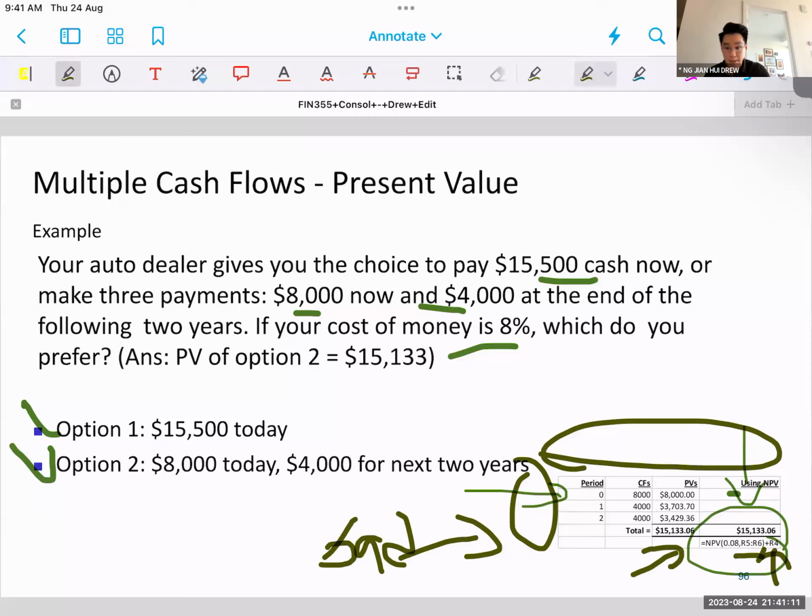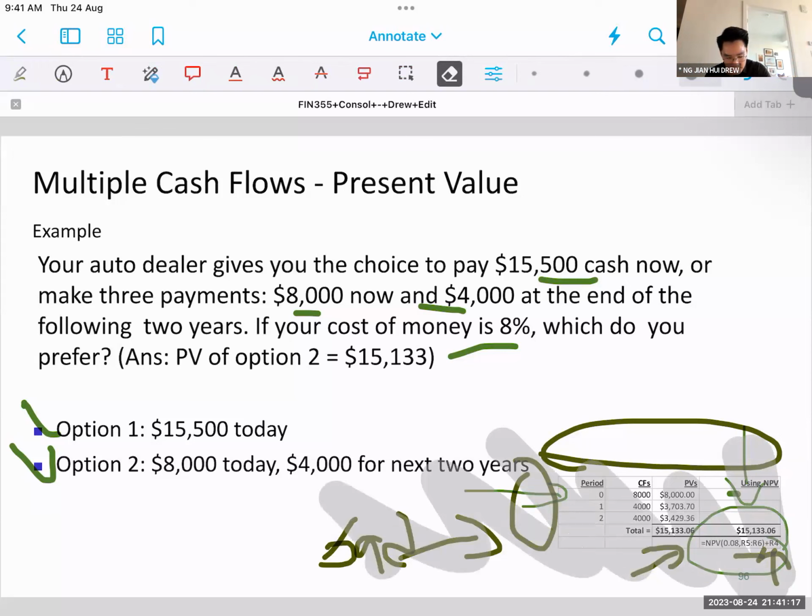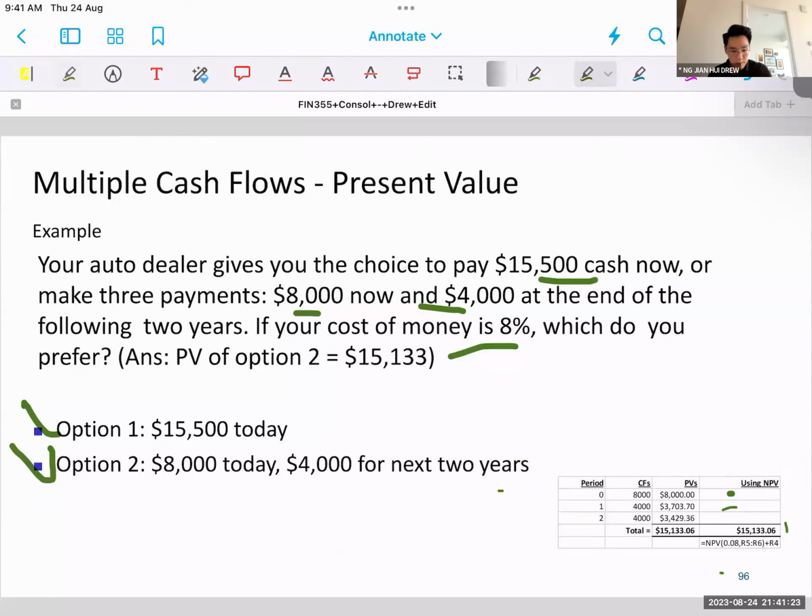Okay, sure. I can repeat. I think somebody wants me to repeat. For the NPV function in Excel, the first cash flow should start from year one.